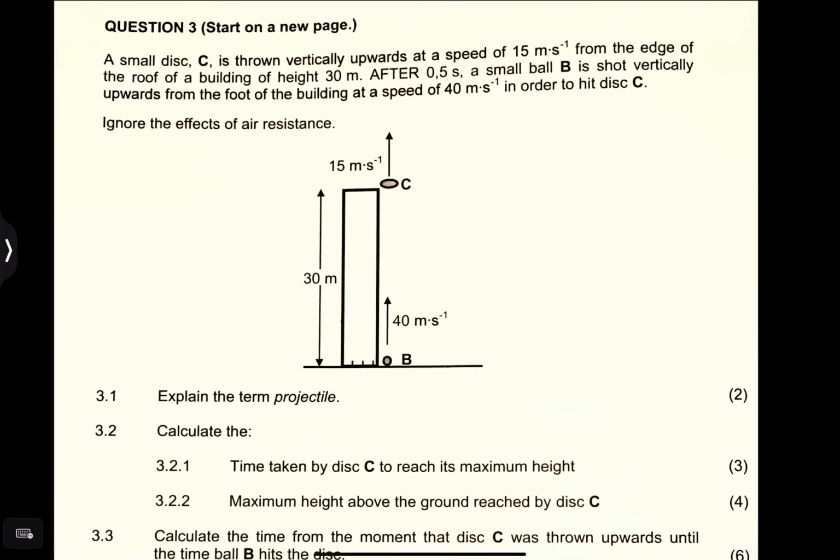They say we've got a small disk C, which is thrown vertically upwards at a speed of 15 meters per second from the edge of a roof of a building of height 30 meters. After 0.5 seconds, please note that, a small ball B is shot vertically upwards from the foot of the building at a speed of 40 meters per second in order to hit disk C. They say ignore the effects of air resistance.